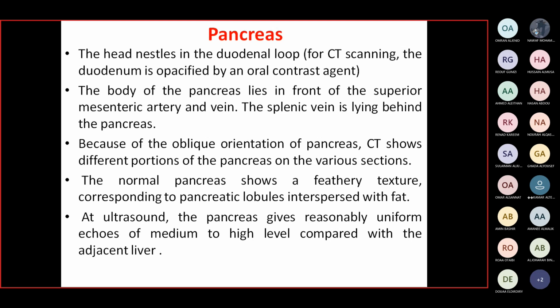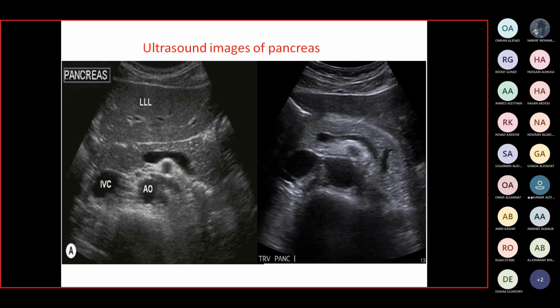The normal appearance of the pancreas is a feathery texture, corresponding to what? Because of the lobulation of the pancreas. And the appearance of the pancreas on ultrasound is iso-echoic to the adjacent liver. What is this imaging modality? Ultrasound.